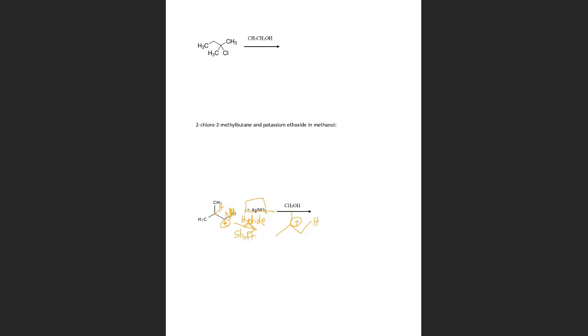At this point, we have two options: E1 and SN1. SN1 is where the nucleophile attacks directly, like all substitutions. Initially we have that hydrogen still on there, and then it's going to get abstracted. This is our answer for substitution.